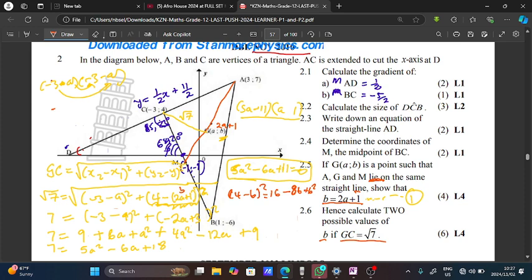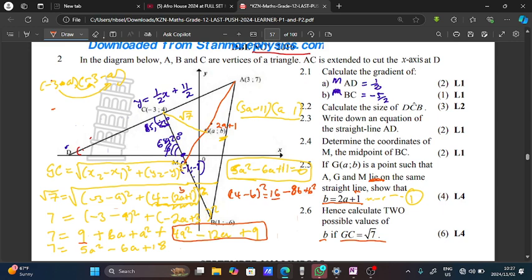Now, if that is the case, we have to work out the constants: 9, 16, and 7. So 9 and 16, what do you get? 25. Can you see that?